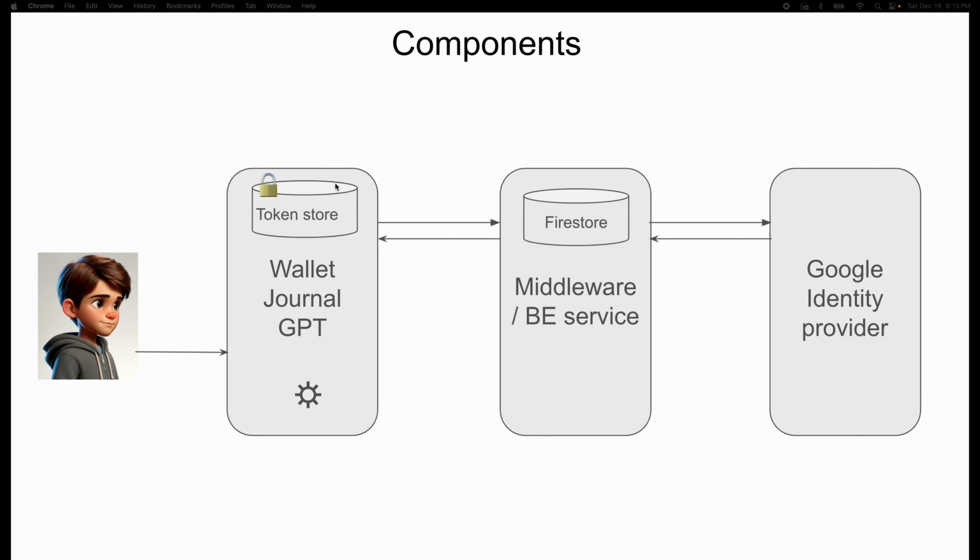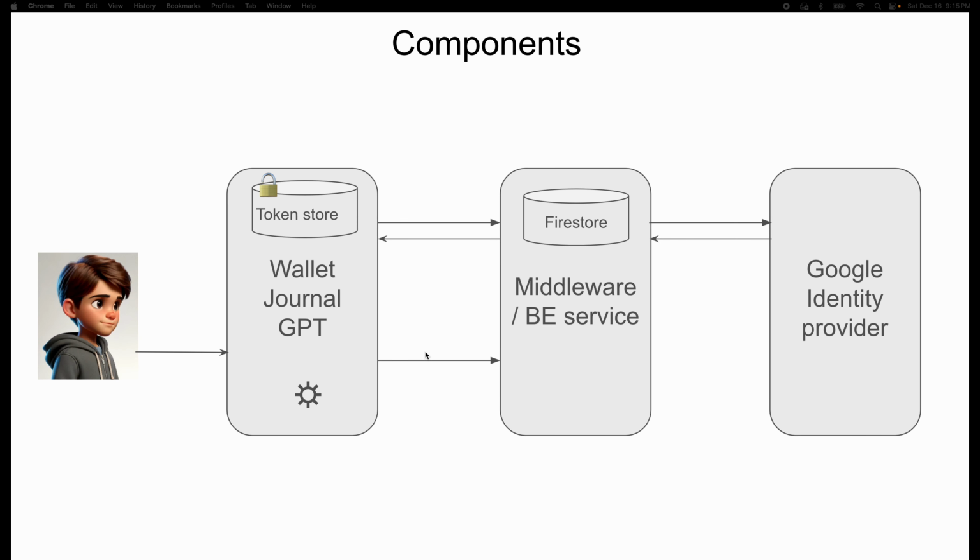Now that the GPT has the tokens, it can start calling our business-level APIs. This time it makes a call to our middleware to get the required balance amount, and in this case it will pass us the access token.